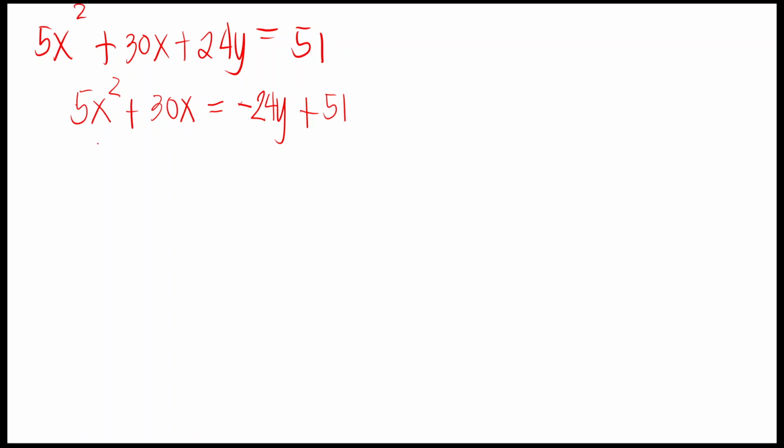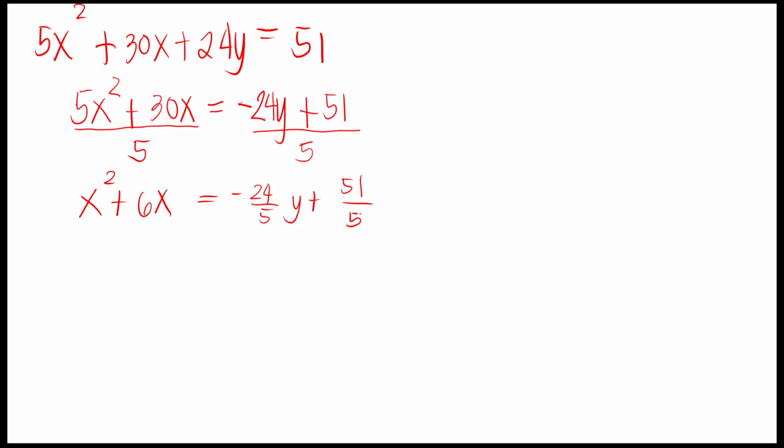And for this example, the coefficient of x squared is 5. So we have to divide everything first by 5 to get x squared plus 6x equals negative 24 all over 5 y plus 51 all over 5.